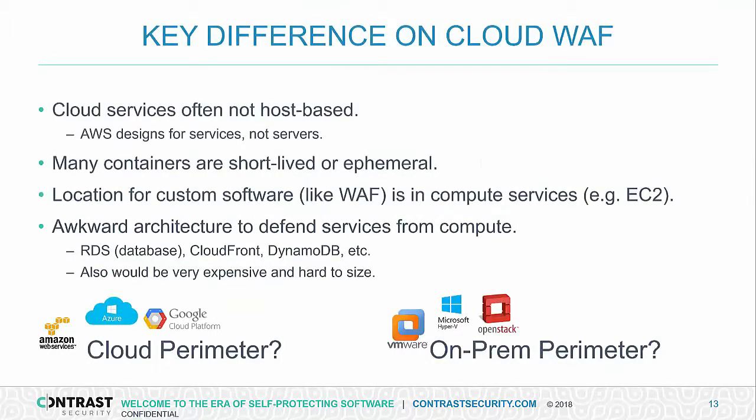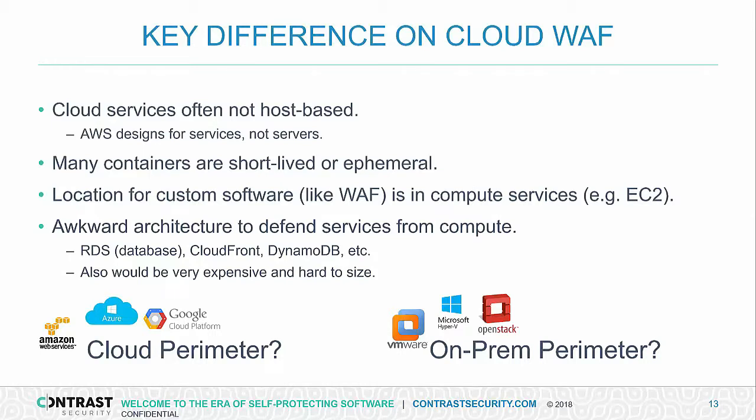Now, the key difference between next generation or traditional WAF and cloud WAF is that the cloud services are not host based. So the cloud providers operate a web application firewall that can just operate across each of their services, some of which are short lived. And they help monitor the cloud perimeter. So anytime data comes into AWS or Azure or Google Cloud, the cloud provider has access to that perimeter and knows how to defend their services from the various compute.